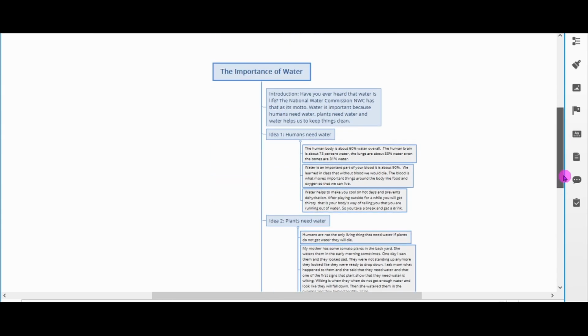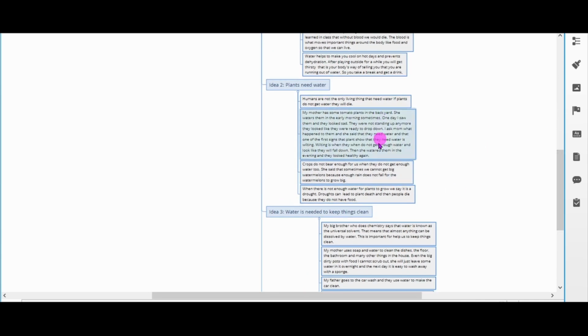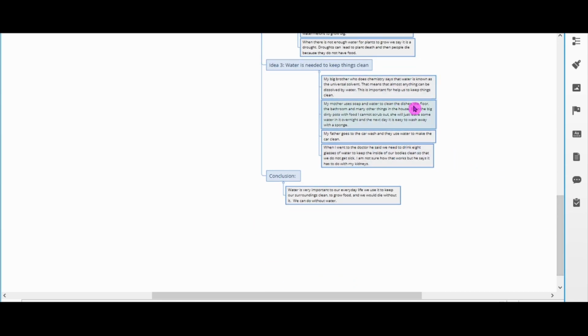So if we were to look at this, we have the topic, we have our introduction, we have idea number 1, and then the supporting details, idea number 2, and the supporting details, idea number 3, and the supporting details, and we have our conclusion.